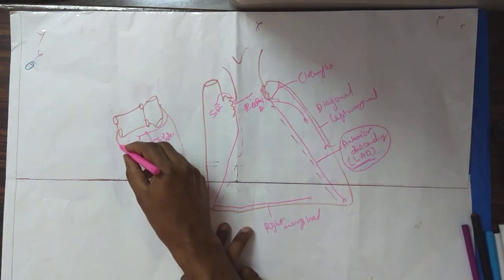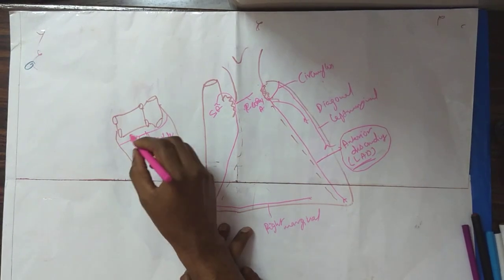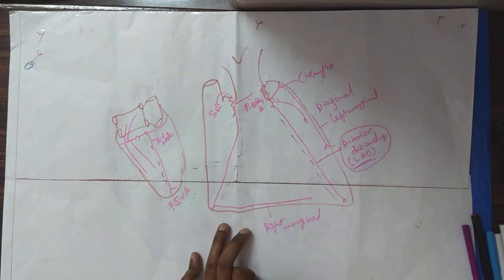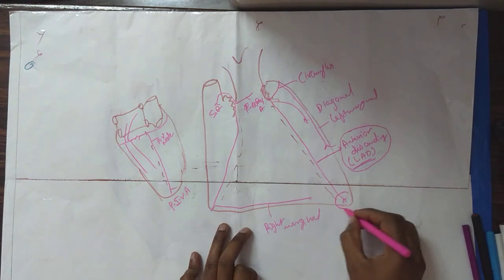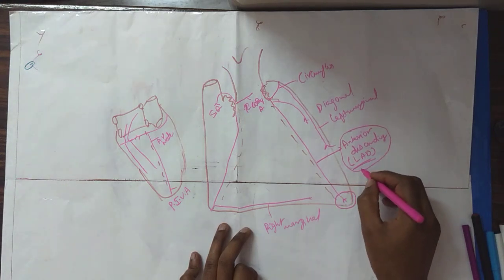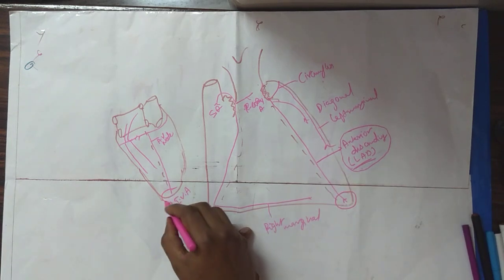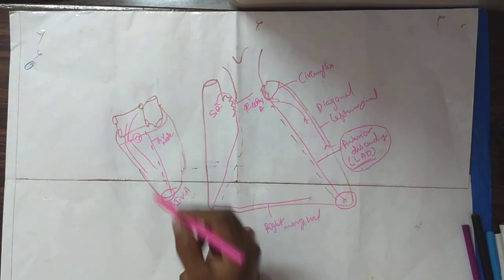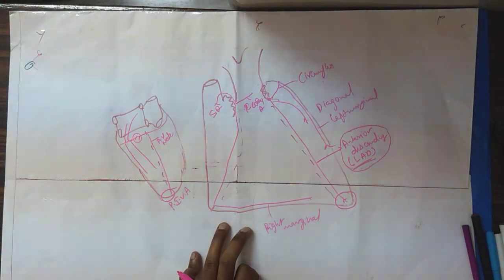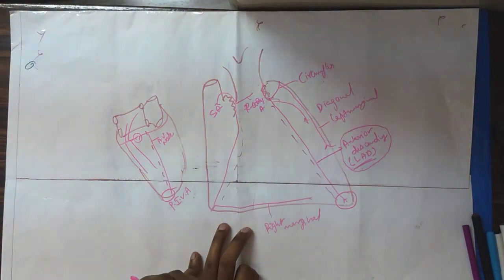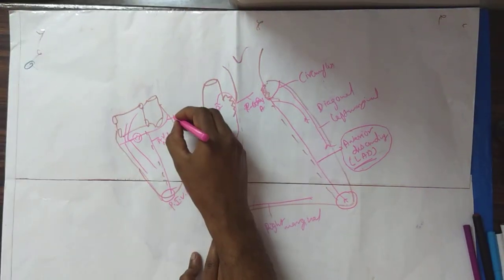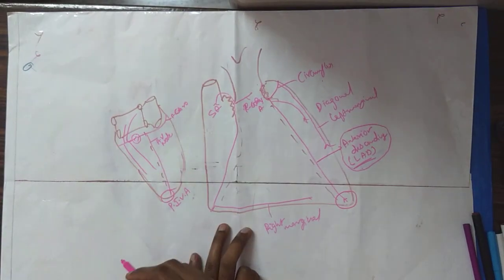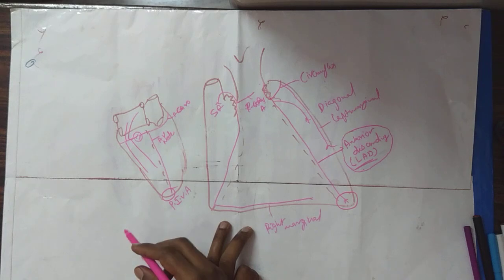This circumflex goes behind and anastomoses with this. From this you have some ventricular branches and some atrial branches. Here you can see the point where the anterior interventricular artery anastomoses with the posterior interventricular artery, and one more point to the left of the crux, where the right coronary artery anastomoses with the circumflex branch of the left coronary artery.